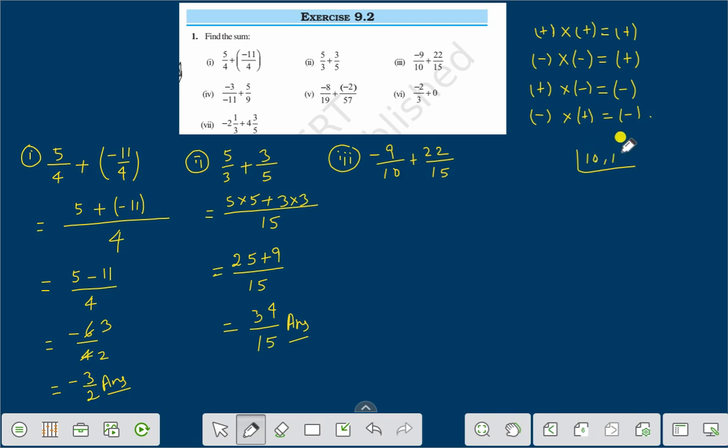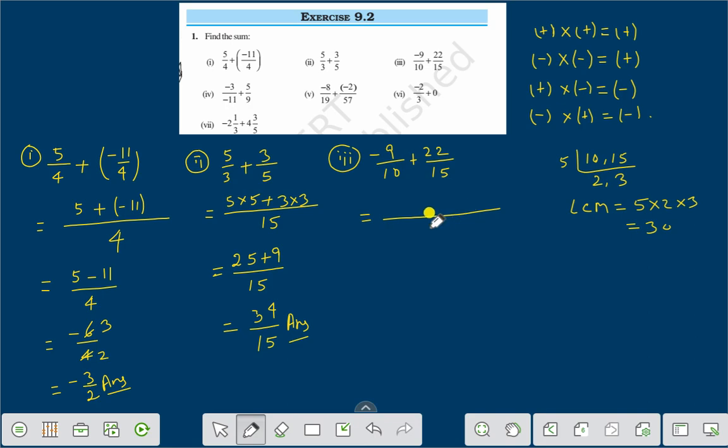If you divide by 5, 5 2s are 10 and 5 3s are 15, the LCM is equal to 5 into 2 into 3. It is 10, 3 10s are 30. LCM is 30.